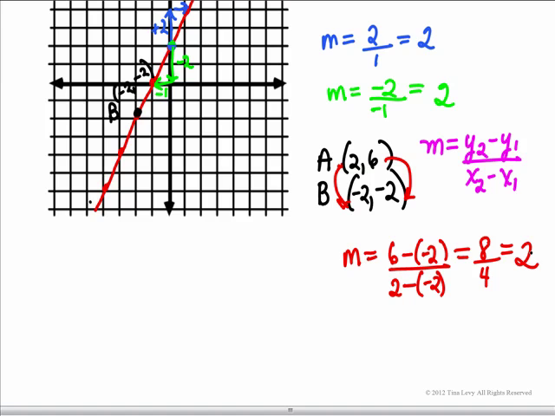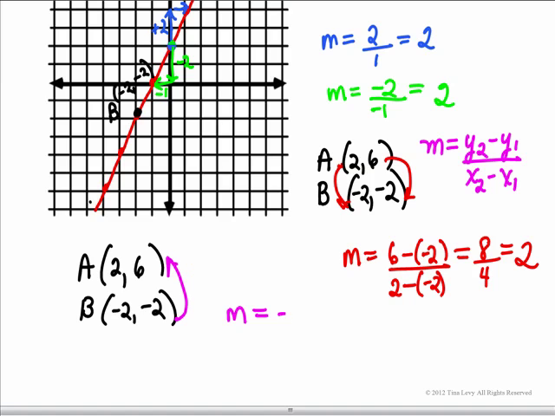But it doesn't matter which y value you choose. I chose y2 to be the upper y value, but let's say I have point A, 2, 6, and point B, negative 2, negative 2. I can get the slope if I start with the lower y, so it becomes negative 2 minus 6, and then we go to the same point's x value, negative 2 minus 2.